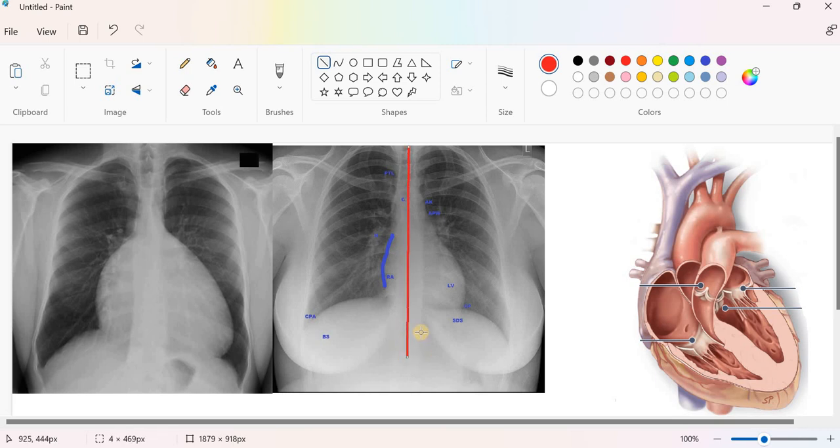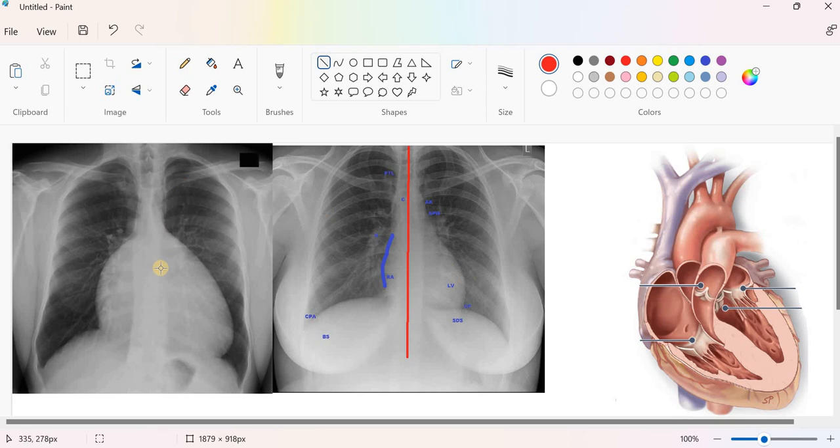In the normal heart, the right atrium occupies about one third of the shadow on the right side of the midline, while the remaining heart is about two thirds of the shadow to the left side.